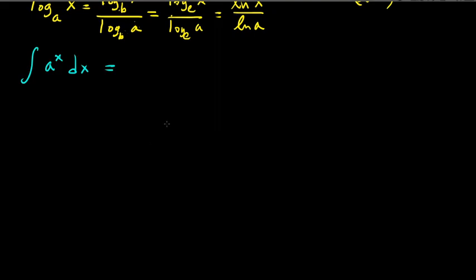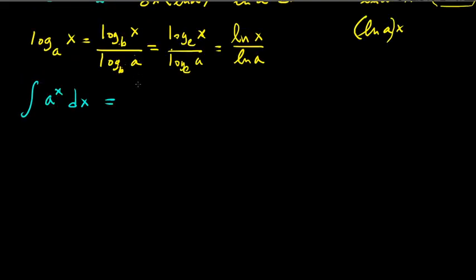We can write this as the integral of e to the log of a to the power x, dx. And of course the x can multiply the log a, so this is e to the x times log a dx. And now just use a substitution here, right?